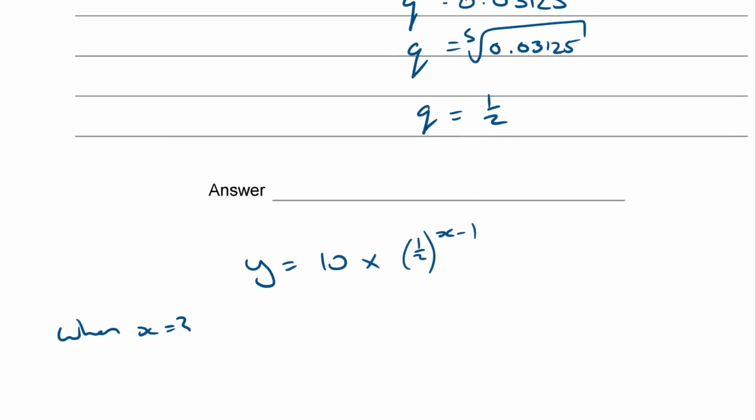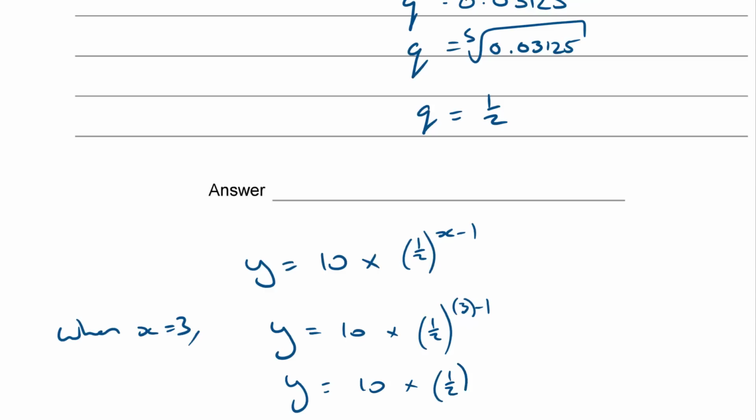When x is 3 then y is going to be 10 times a half to the power of 3 minus 1. In other words, y is equal to 10 times a half squared. Now, a half squared is a quarter, so y is equal to 10 over 4, isn't it? Which is 5 over 2, which is 2.5. So y is equal to 2.5.